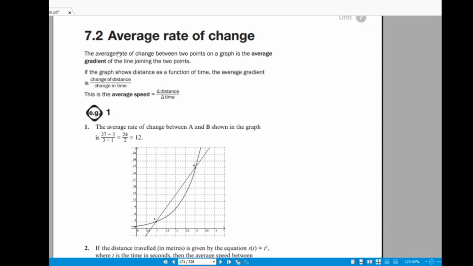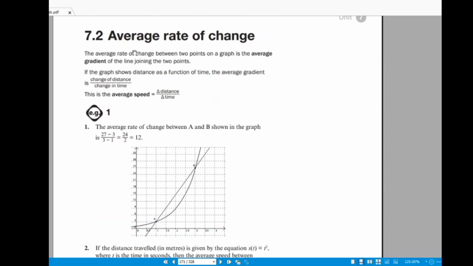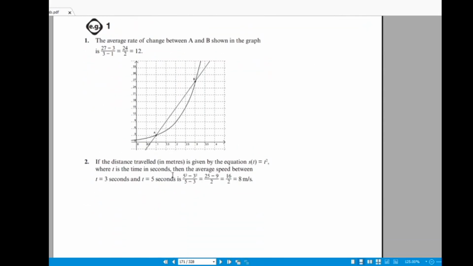So the average gradient, the average rate of change between 2 points on a graph, is the average gradient of the line joining those 2 points. Okay, so if the graph shows the distance as a function of time, the average gradient will be the change in distance over change in time, which is just the rate of change, right?